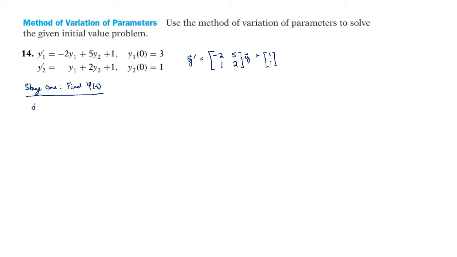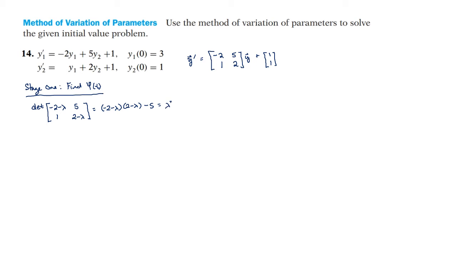I'm going to start out by looking for some eigenvalues. I'm going to take the determinant of negative 2 minus lambda, 5, 1, and 2 minus lambda. So we'll have negative 2 minus lambda multiplied by 2 minus lambda, subtract 5. Now let's clean that up.